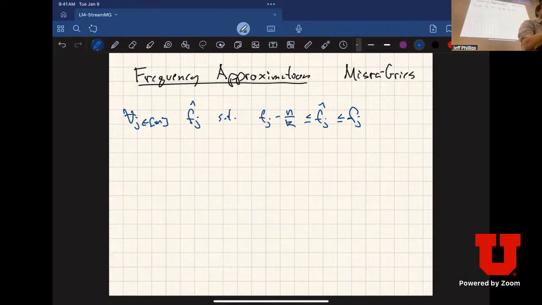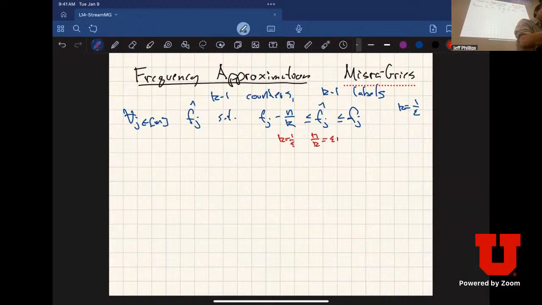So I'm going to use k minus 1 counters and k minus 1 labels. And we're going to set k equal to 1 over epsilon. So if k equals 1 over epsilon, then n over k equals epsilon n.